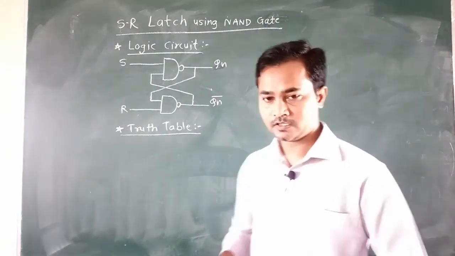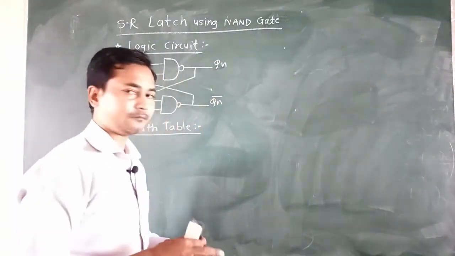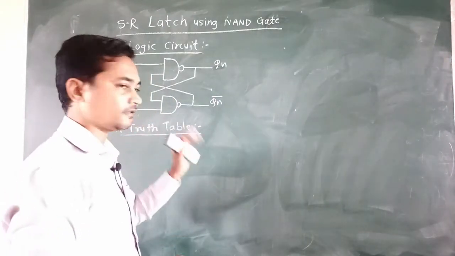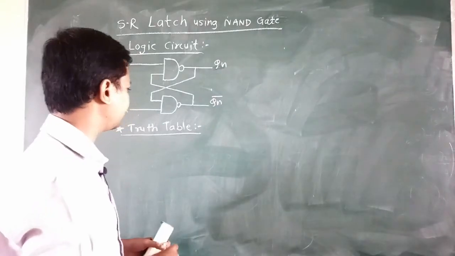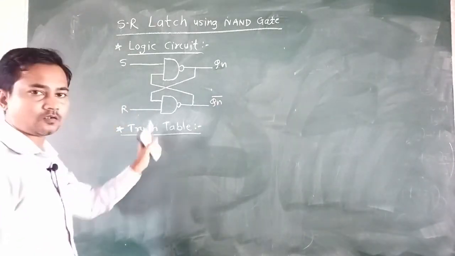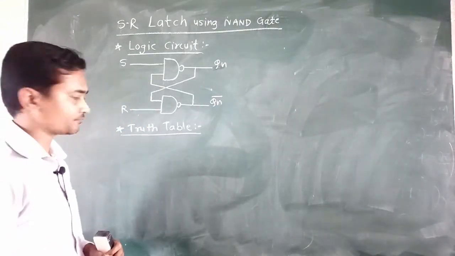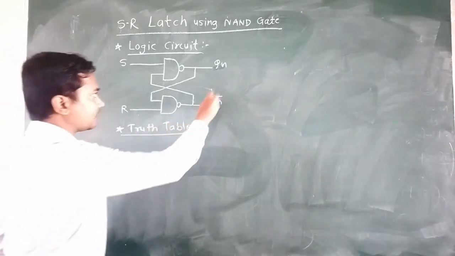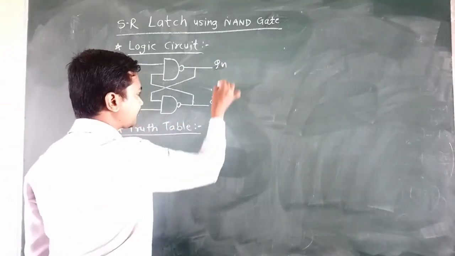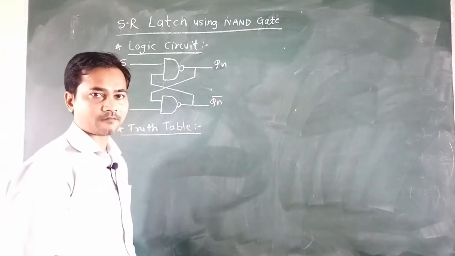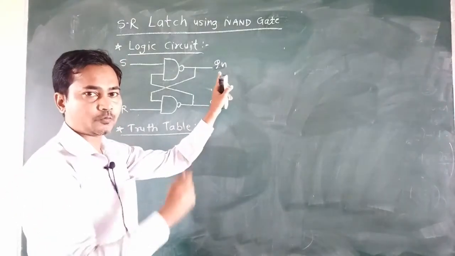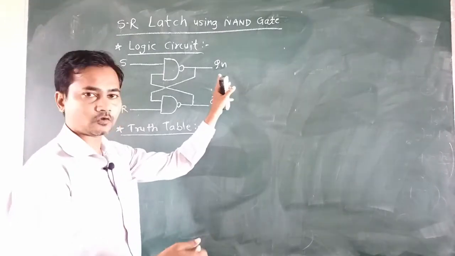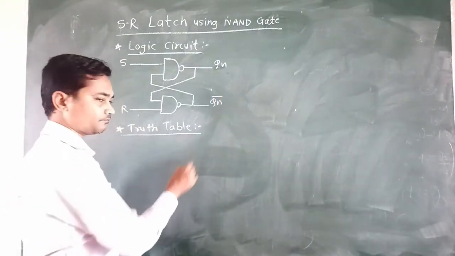Before designing the SR latch using this NAND gate, we have to see the truth table of this kind of SR latch. As we know, Qn and Qn bar are the complementary outputs of each other, so we can consider only one output to obtain the truth table.